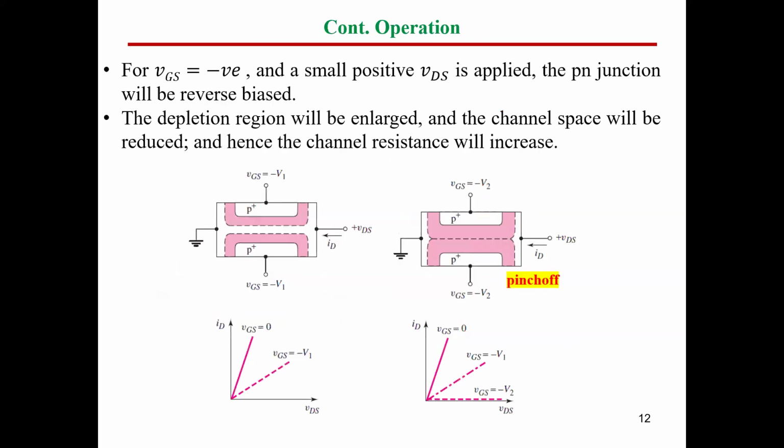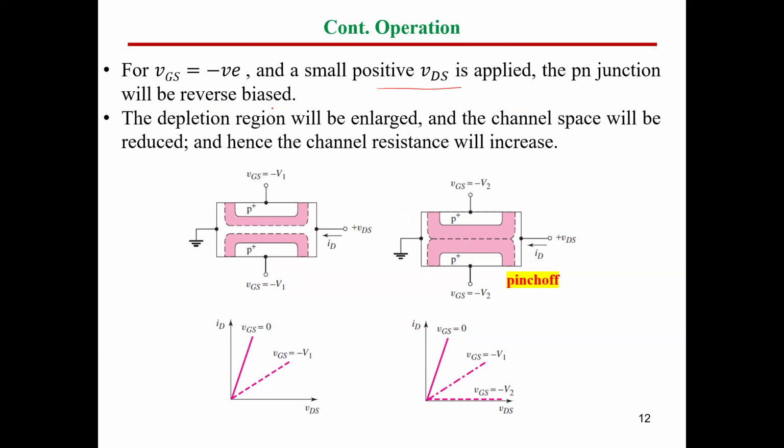Now, assume that we applied more gate volt, but we will apply more negative gate volt, not more positive. So apply more negative gate volt, so it will be negative to the source. So if the source is 0, VG is going to be negative. So for VGS equals negative volt, and small positive V drain to source applied, still small because we are working in the linear region, the PN junction will be reverse biased.